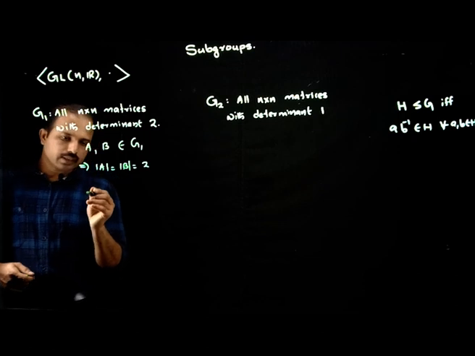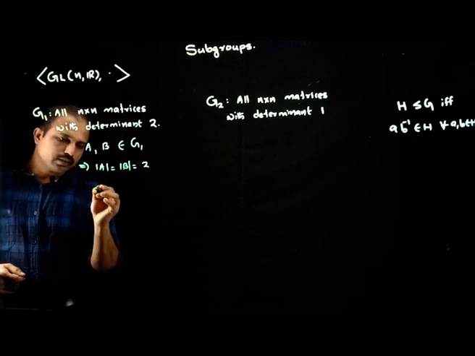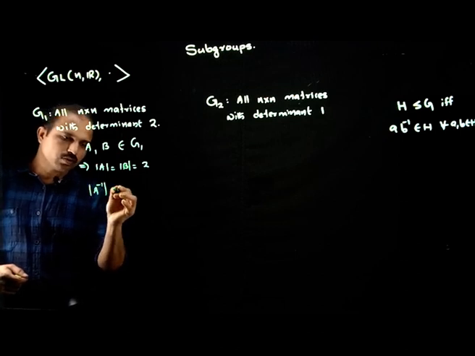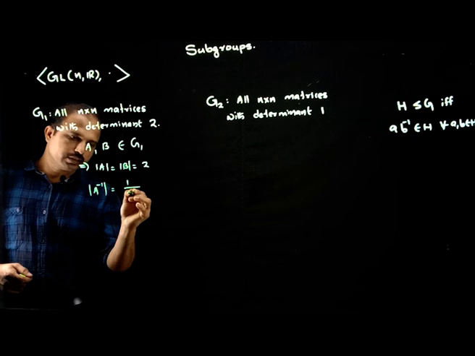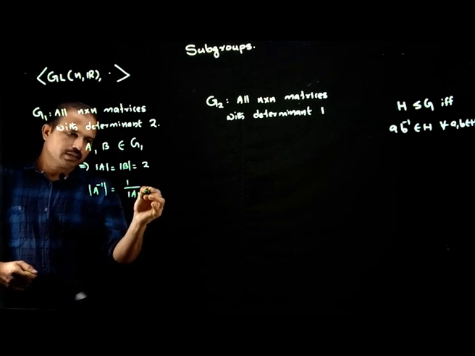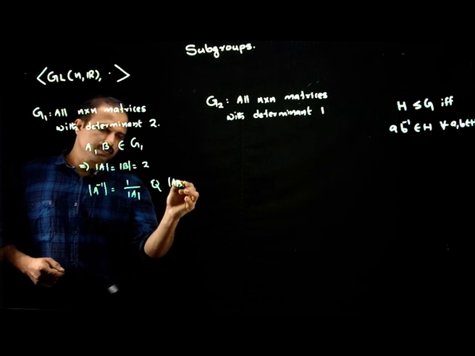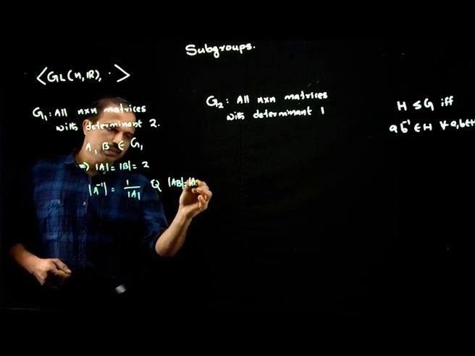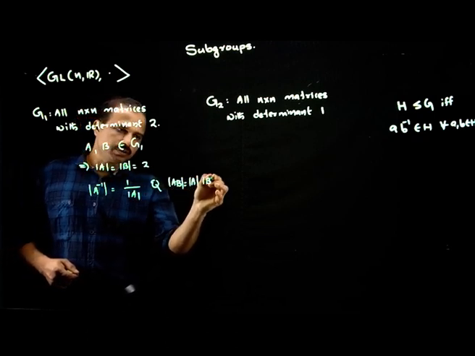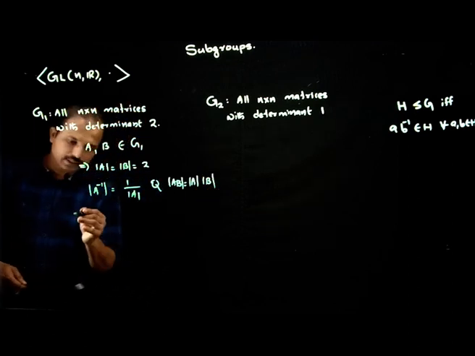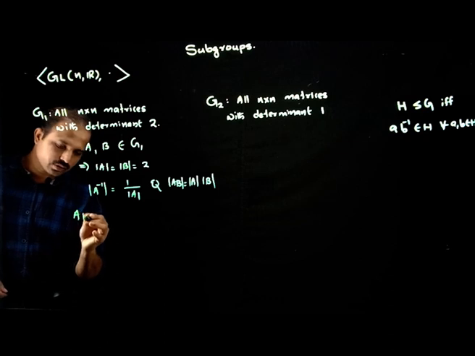Now we have two results. The first one says that determinant of A inverse is equal to 1 by determinant of A. And the other result is determinant of AB is equal to determinant of A into determinant of B. So by using these two results, you consider AB inverse.